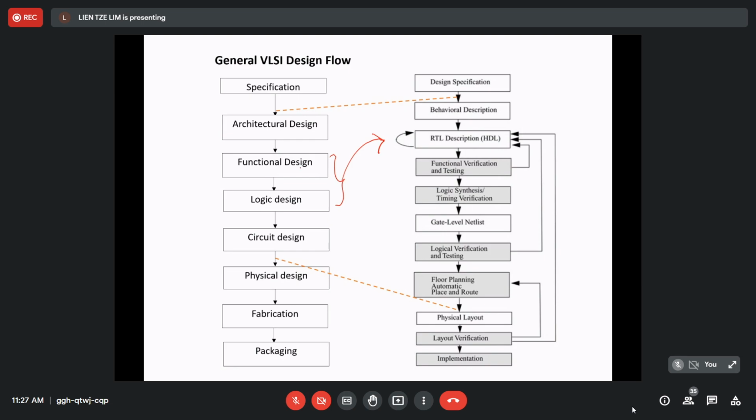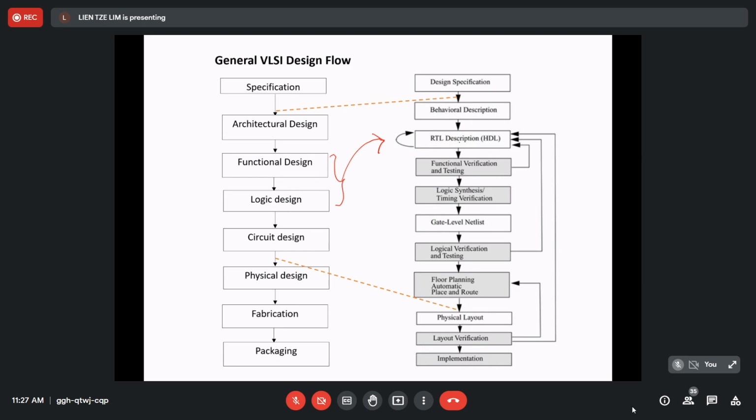Functional and logic design actually means RTL design. Here it is given as RTL description; it is about RTL design that uses the hardware description language, HDL, to describe the operations of the circuit.